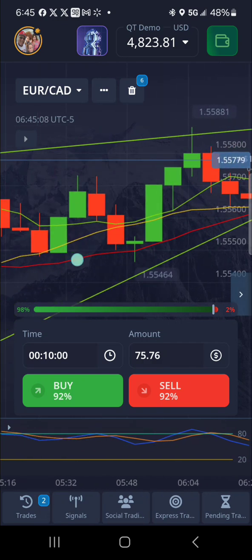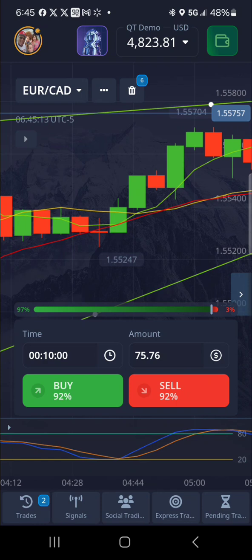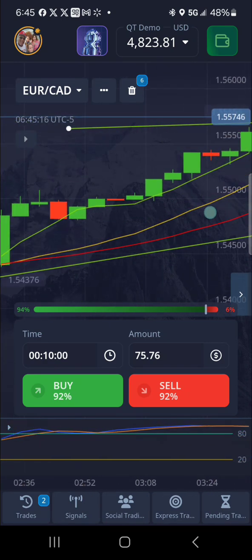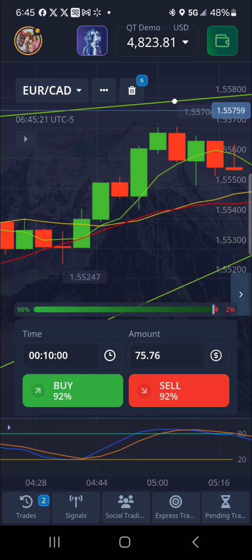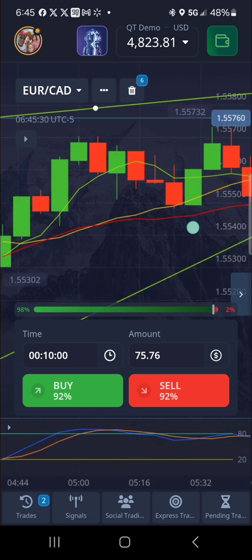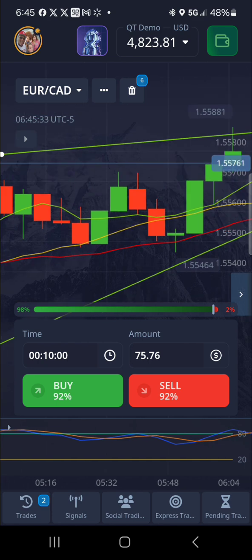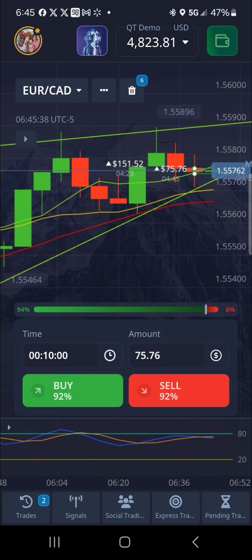And if you notice, you're looking at the actual candles and the patterns within the last few times since it's been going up. You see one green, two greens, one red, two greens, one red, one green, then three reds, then two greens, two reds, then four greens, three reds. There's more greens than reds because it's an upward trend.